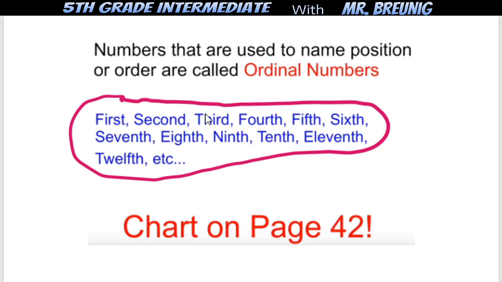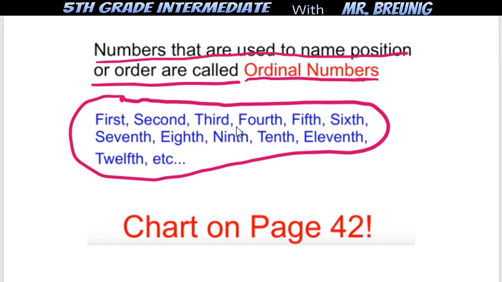Anytime we deal with numbers that deal with a position or an order, they're called ordinal numbers. So make sure you write down ordinal numbers as one of your definitions or academic vocabularies. And it's a number that is used to name position or order.